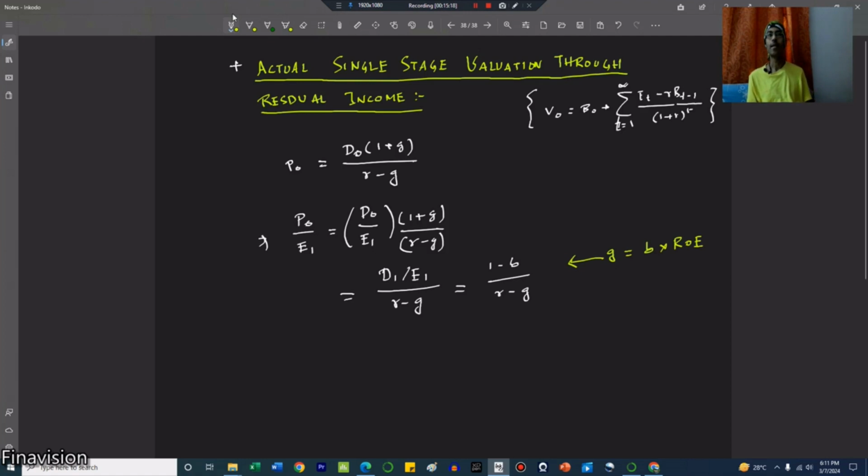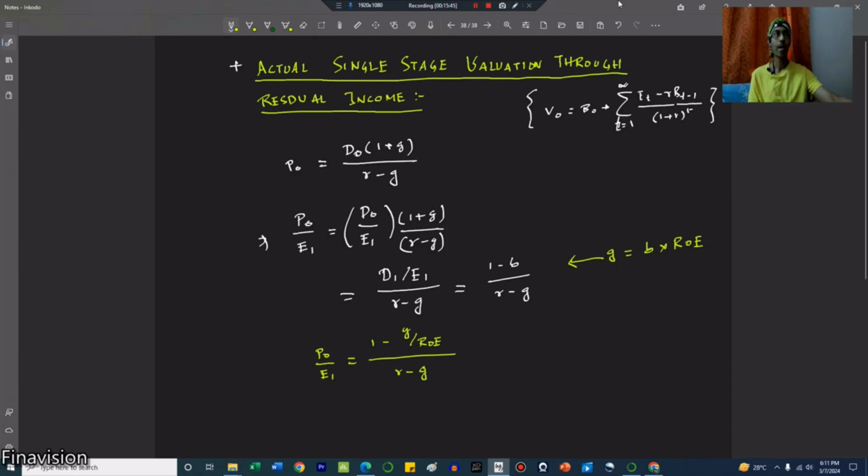Now if we use it here, P0 by E1 becomes (1 minus b), and 1 minus b is equal to g by ROE, right? So it is g by return on equity, divided by (r minus g).